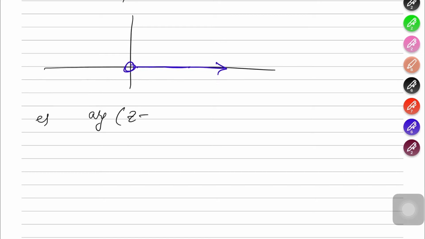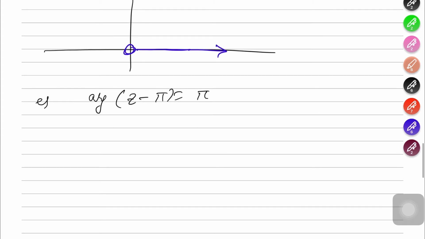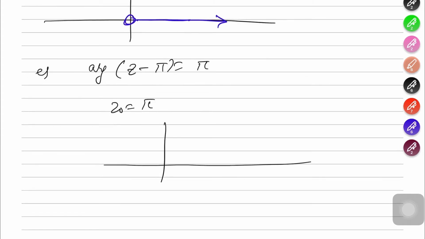Okay, let's take one more example for clear practice. If I say argument of z minus pi is equal to pi, so clearly z naught is equal to pi. Somewhere here, this is 1, 2, 3, this is 3.14, this is pi. So the ray will emanate from this pi, and what is the angle? Angle is also pi, so that means it is this direction.